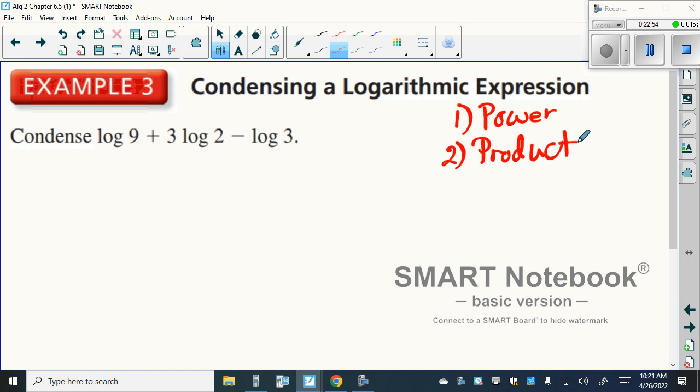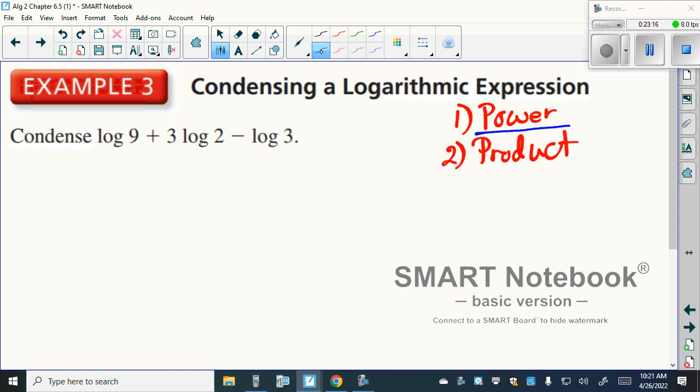And these are the only two. I'm not going to focus on quotient because what we're doing is we're going to put the quotient kind of mixed in with the powers. Now that sounds a little bit weird, but what I'm going to do is I'm going to treat any negative as a power.